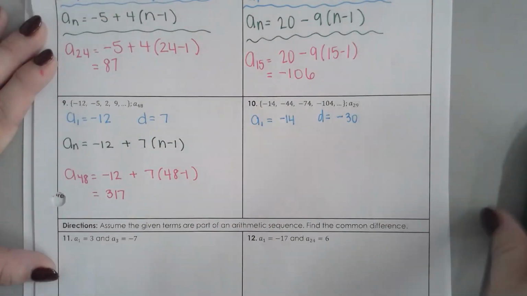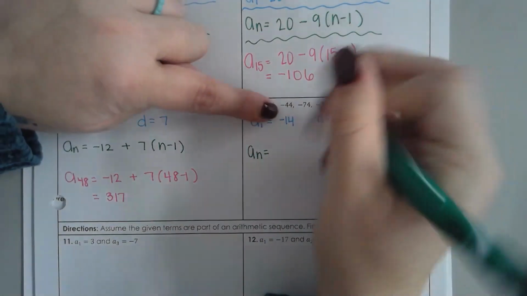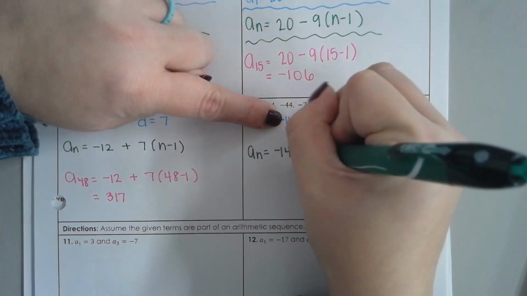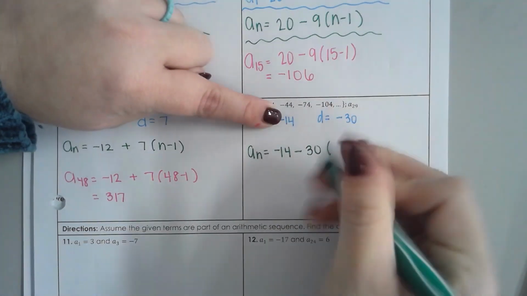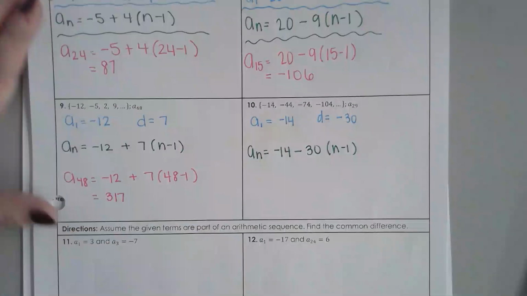So my AN formula, AN equals A1, and then my common difference is negative 30, so I'm going to put minus 30, and then in parentheses, n minus 1.